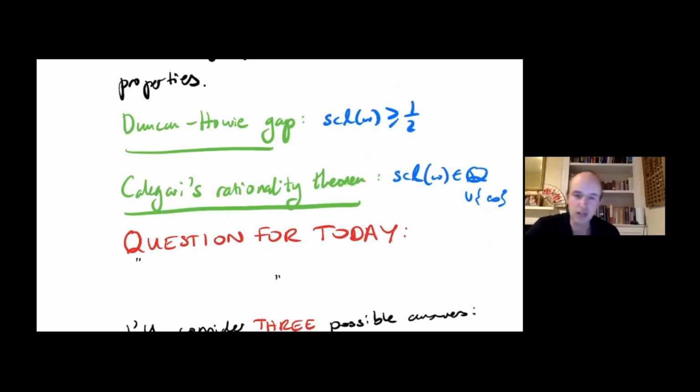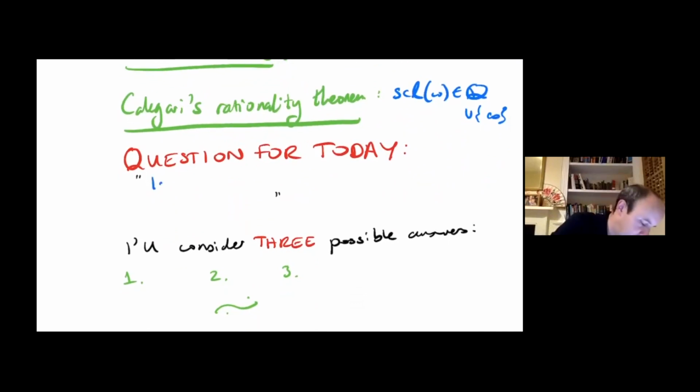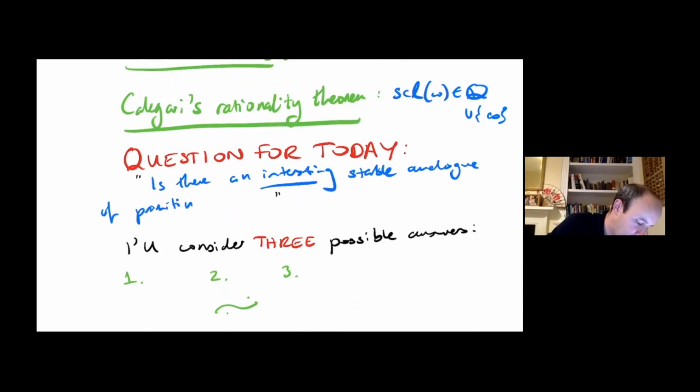And so my question for today is the following. The question I want to ask is, is there, let me say that slightly differently, is there an interesting stable analog of primitivity rank?